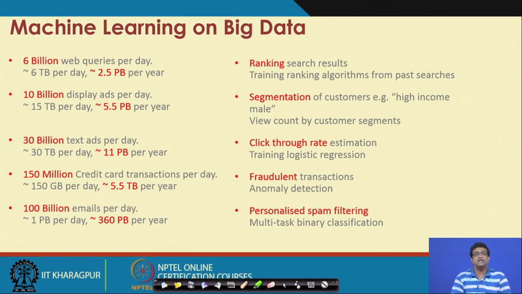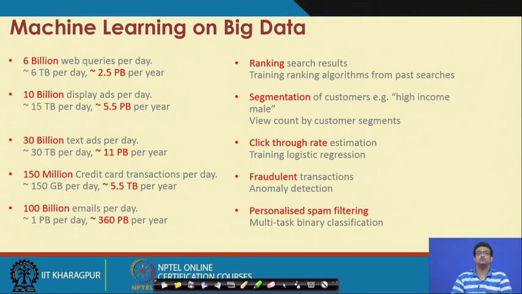Similarly, for text ads, many a times people pay per click. So, even if you show it many times, but there is no click on the text ad, then you do not get paid. So, people try to estimate what is called the click through rate for text ads. Okay. And then the estimation of click through rate again is a machine learning problem.